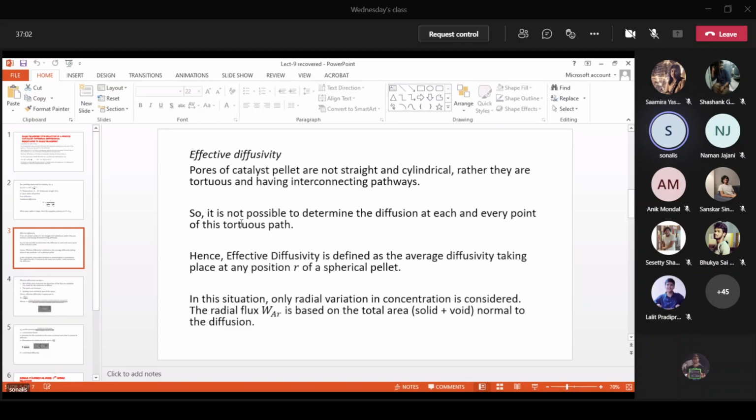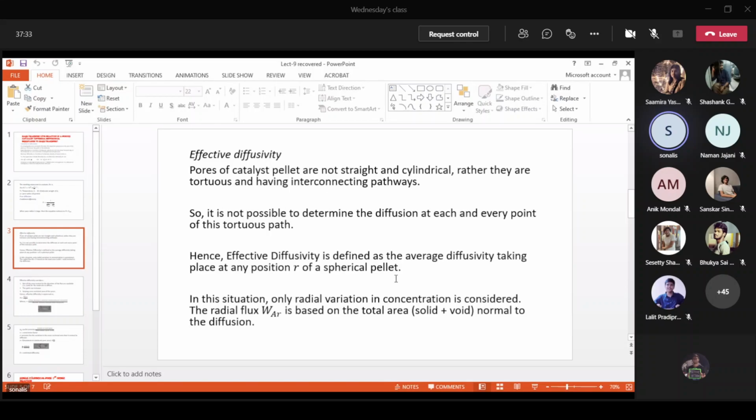So it is not possible to determine the diffusion at each and every point of this tortuous path. They are tortuous, bent, and different. It is not at all a cylindrical pore. In that case, effective diffusivity is applied, and it is defined as the average diffusivity taking place at any position R of a spherical pellet.